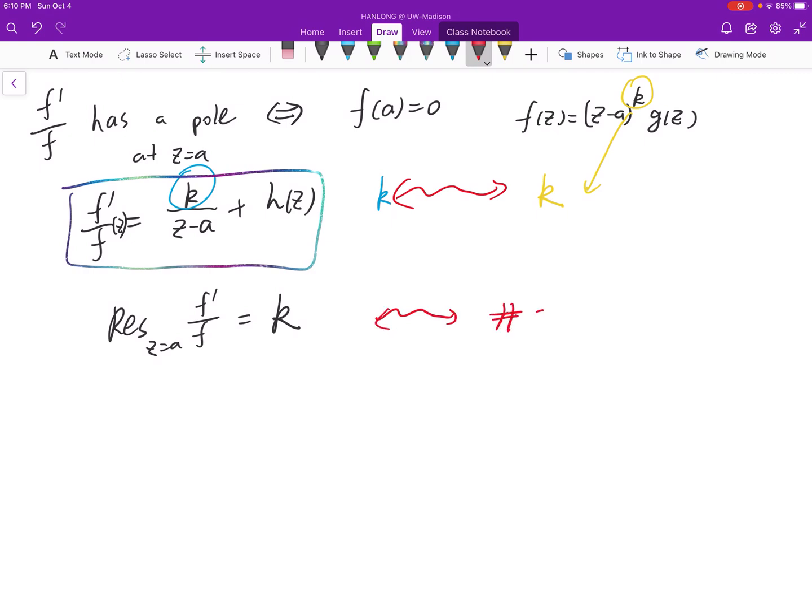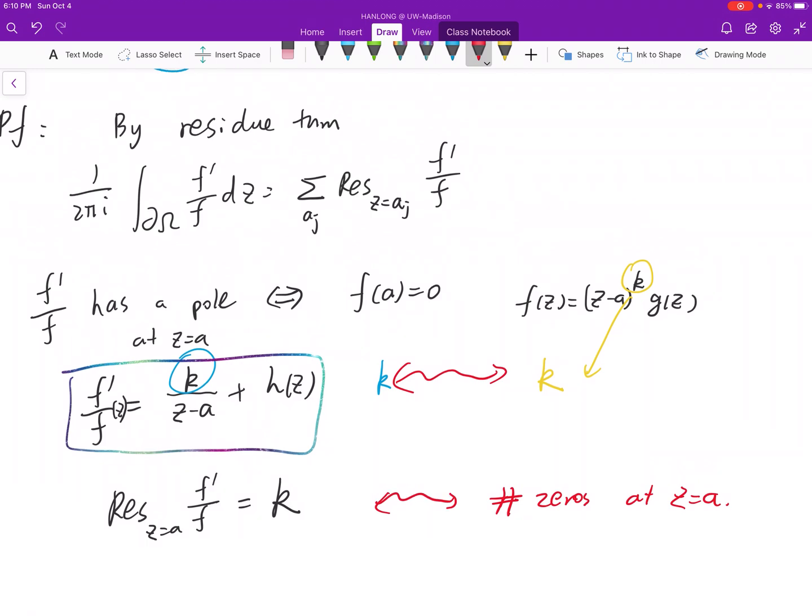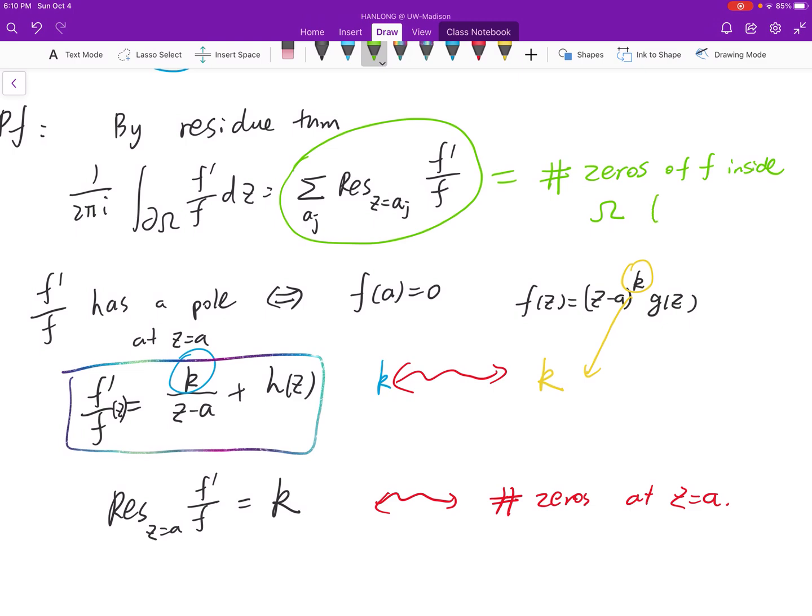Therefore you have a geometric interpretation for this: the summation is the total number of zeros of f inside omega, counted with multiplicity.